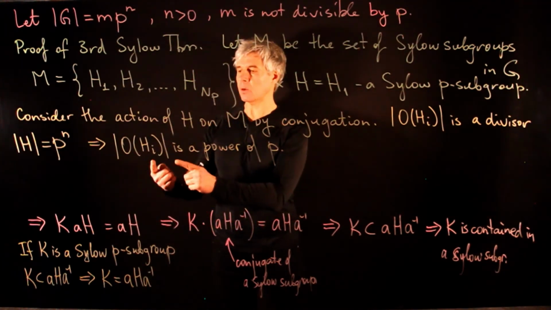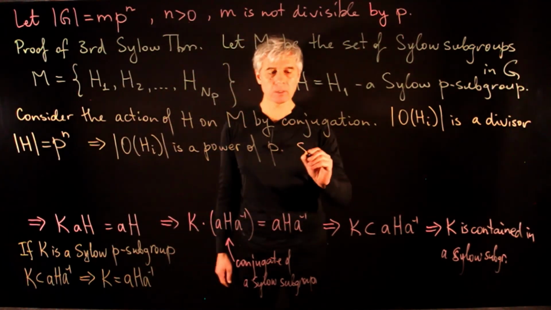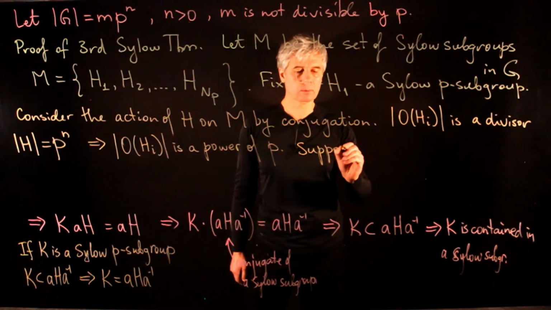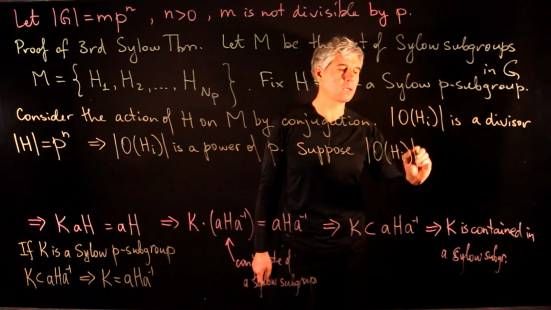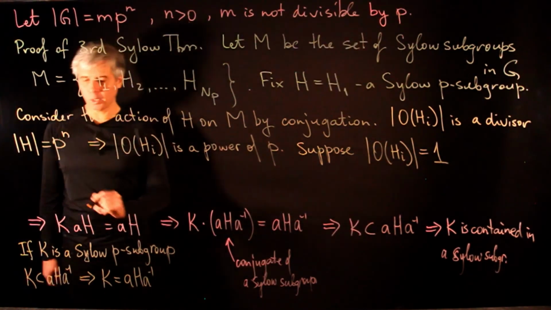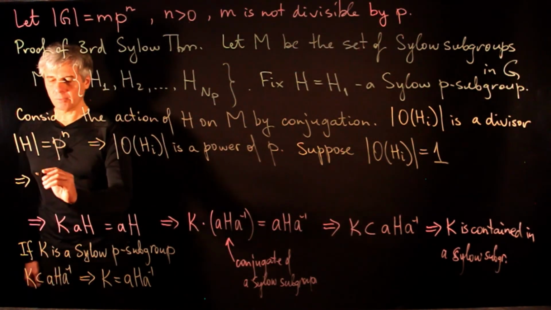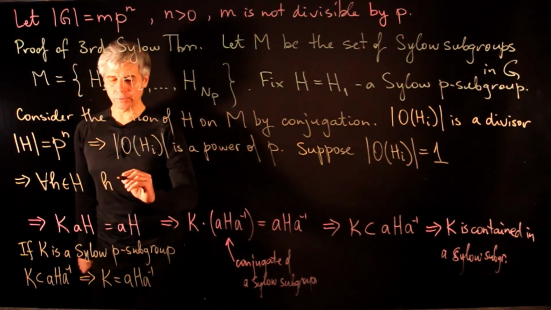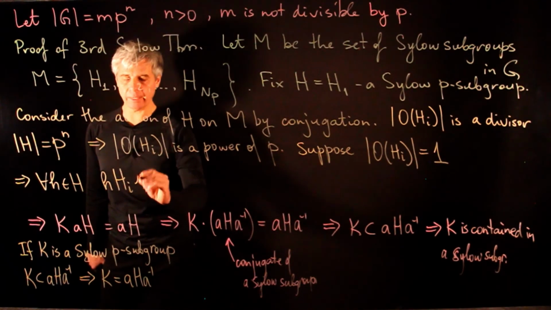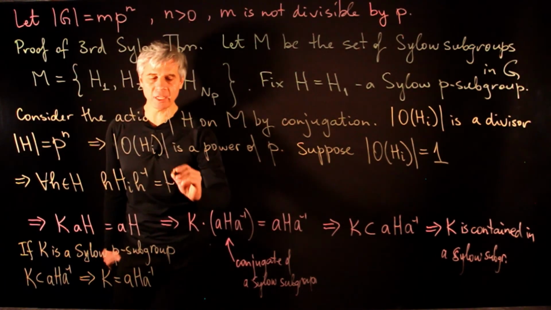Now let us study orbits of length 1. So suppose the length of the orbit of Hi is equal to 1. So what does it mean? This means that for all h in H, the conjugate h times Hi times h inverse is equal to Hi.